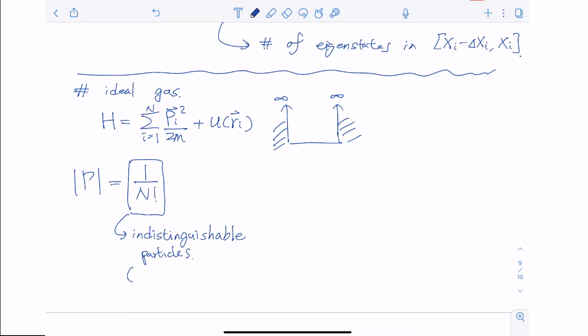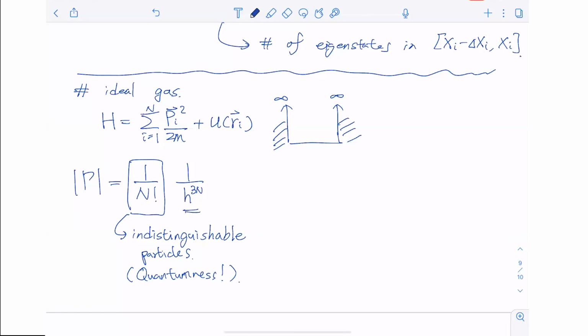So to some extent, it already contains some quantumness inside, even for the ideal gas situation. And it turns out that this 1 over N factorial is important in order to keep the entropy an extensive quantity. But I'm not going to specify too much about that. So let me just continue.